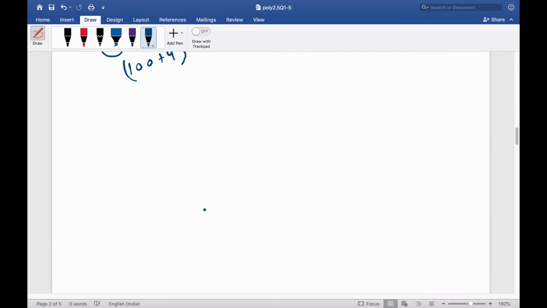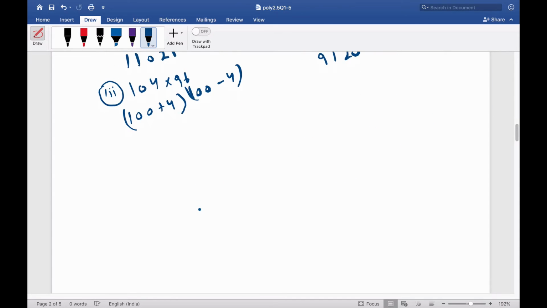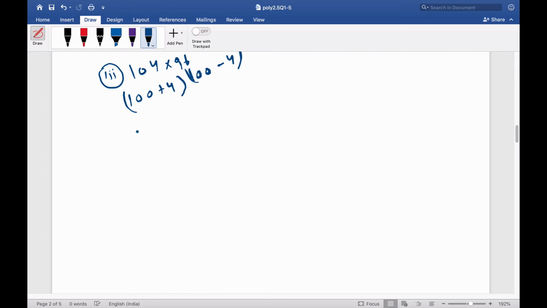Let's write it a bit here so we get a clear picture. So I will get y plus x and y minus x, or x plus y and x minus y, howsoever you want to call it. So I will get 100 square minus 4 square, which will give me 10,000 minus 16 straight away.